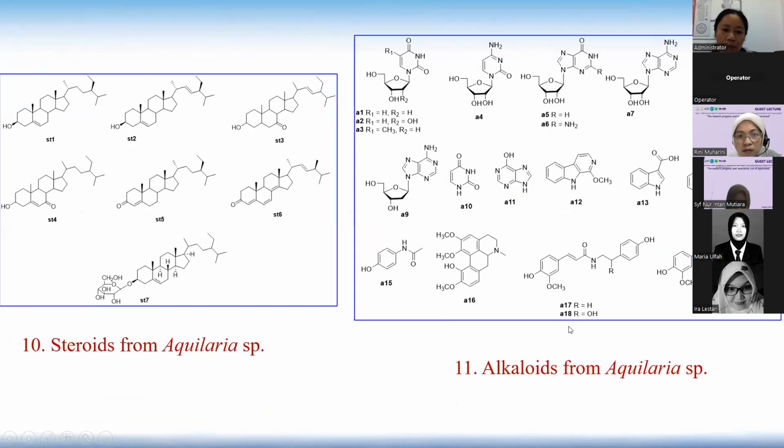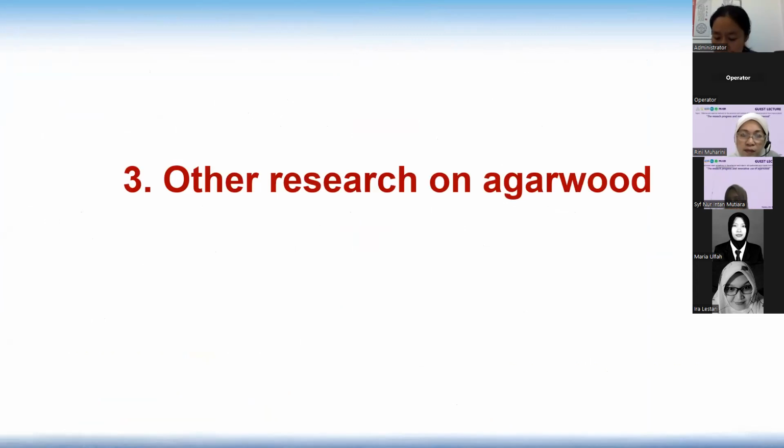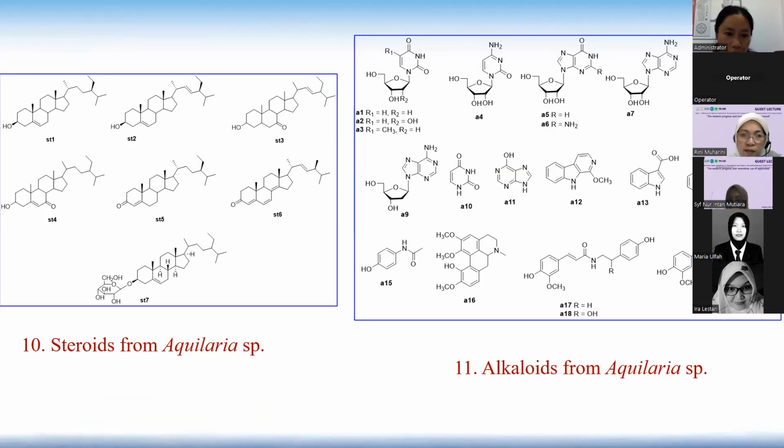So from this we can find that the compounds from agarwood and from the trees are very different. From the trees, the types are more varied, but from the agarwood, the main compounds are sesquiterpenes and 2-(2-phenylethyl)chromones.